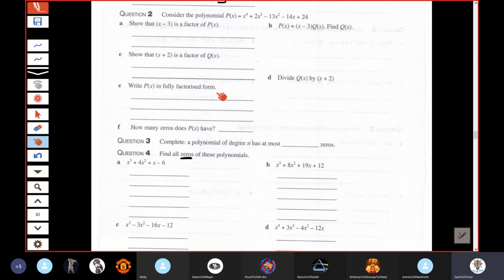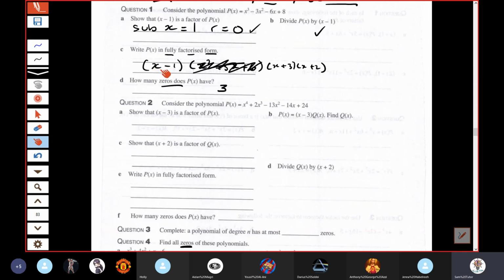So think about it. We got to this stage just before, right? In unit 7, we technically got up to this stage. How do I actually say what all of the zeros are? Can somebody tell me what all of the zeros of this one is? There's 3 of them. What are all of them? So Sam, would we have to solve for x?